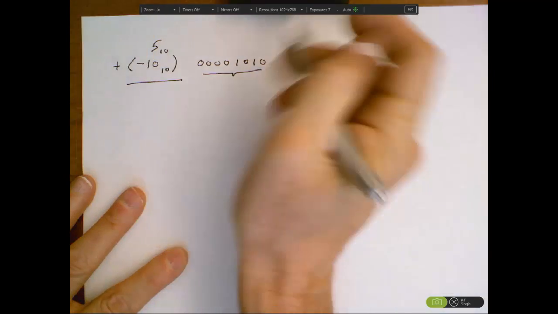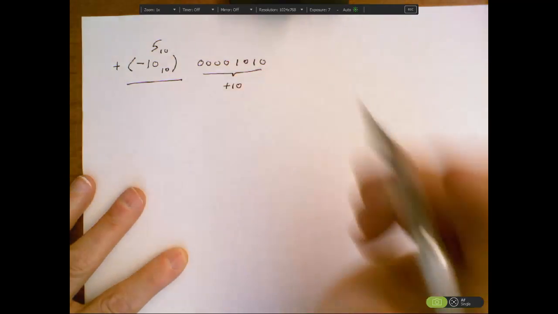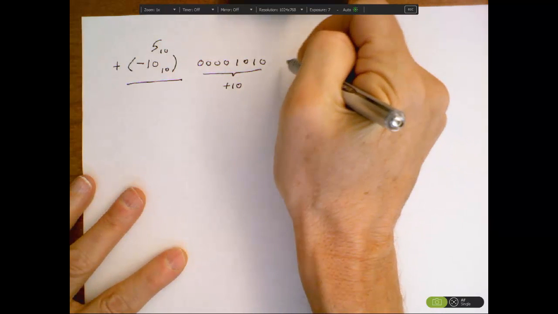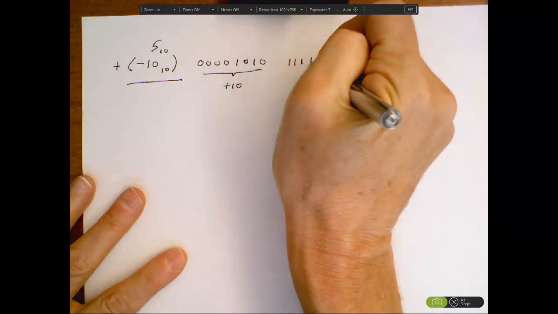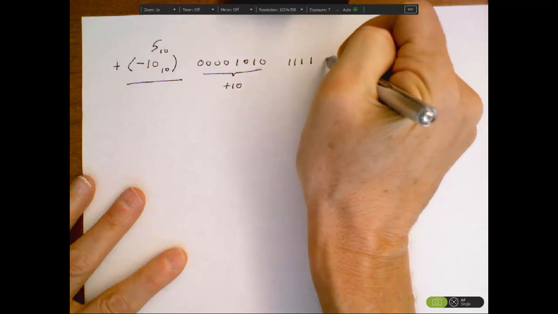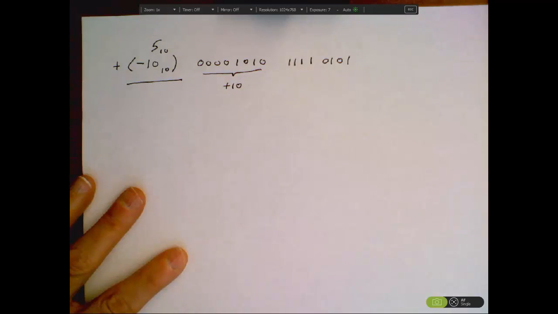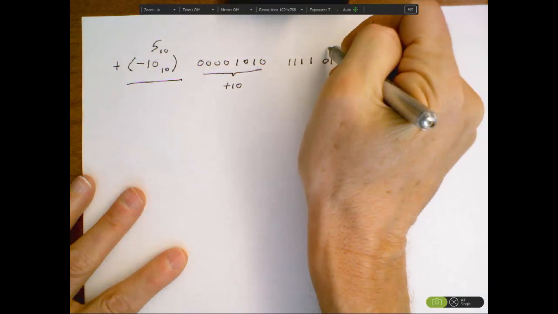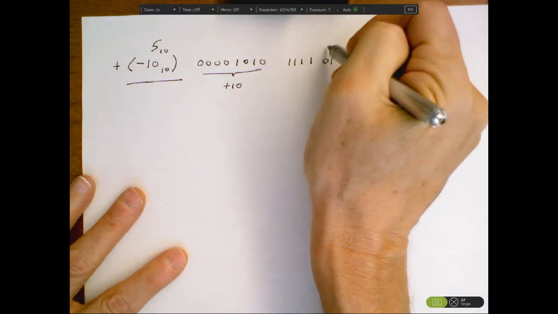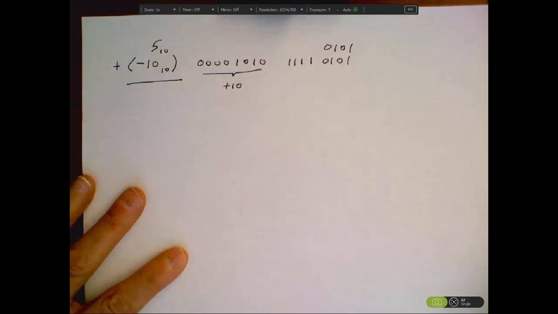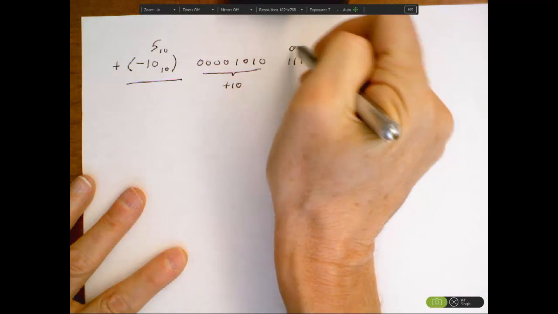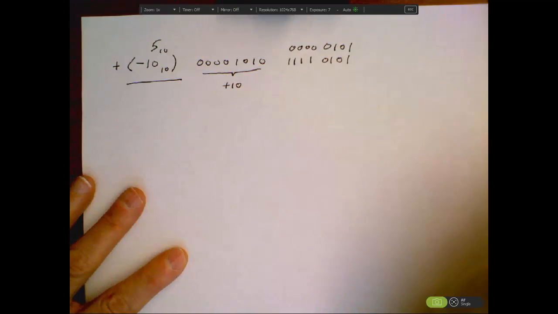That's positive 10. So to complement that, I get 1, 1, 1, 1, 0, 1, 0, 1. Okay, then I'm going to put 5 on top of that. So 0, 1, 0, 1. And of course, there's 0 bits across the top.